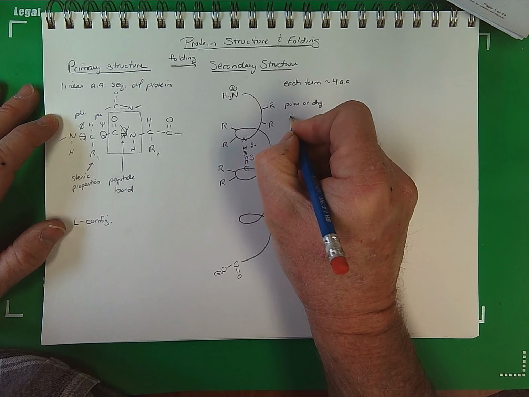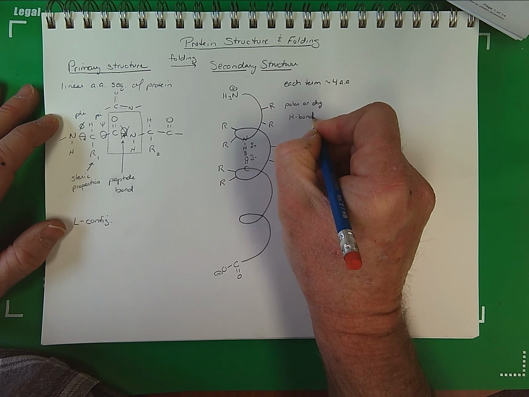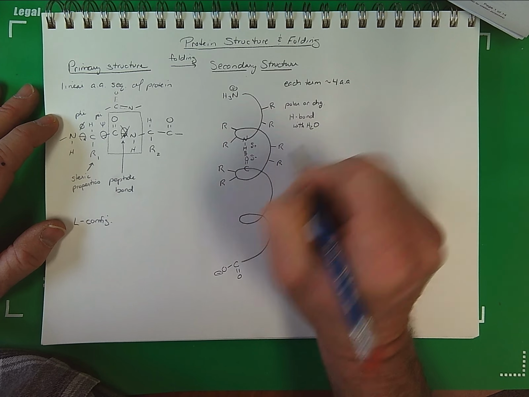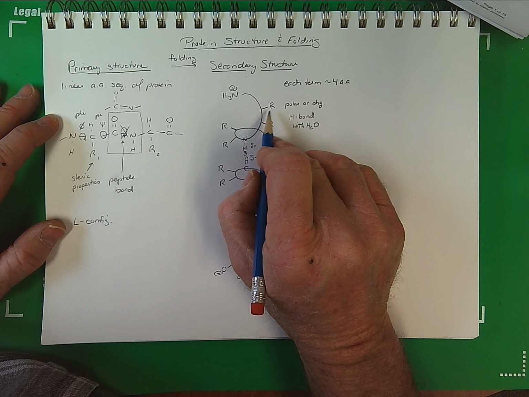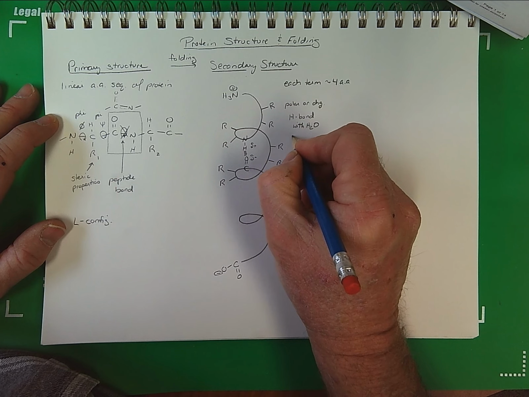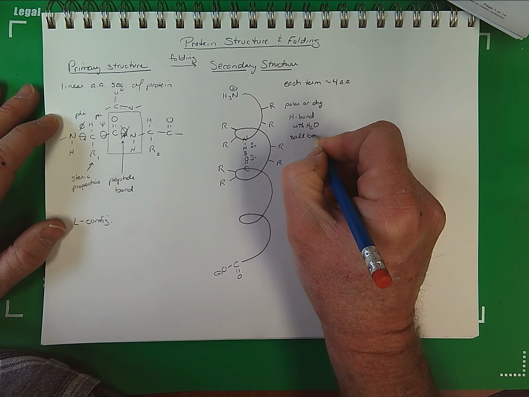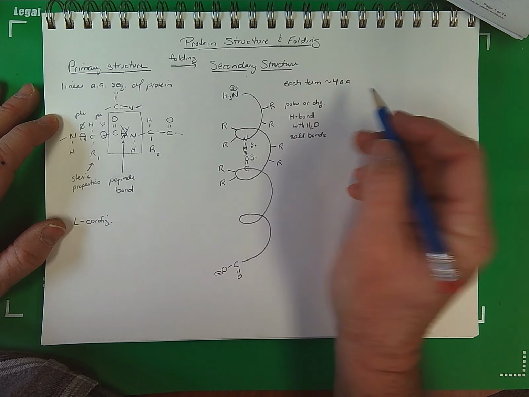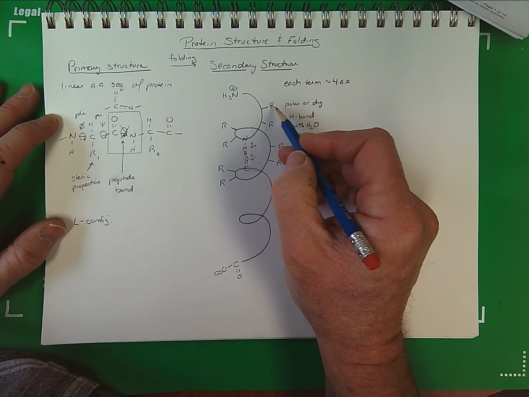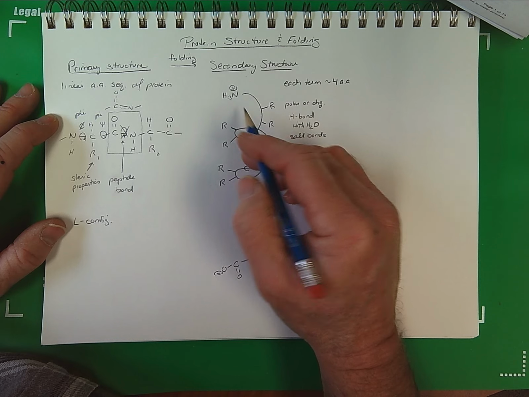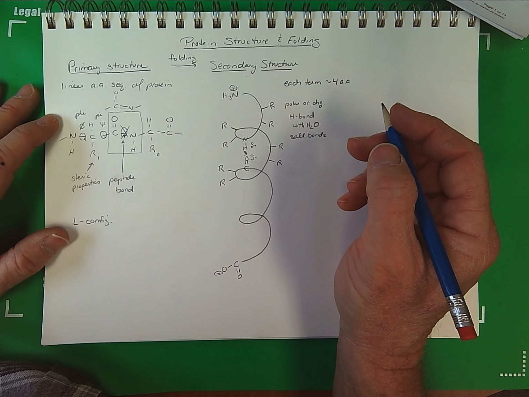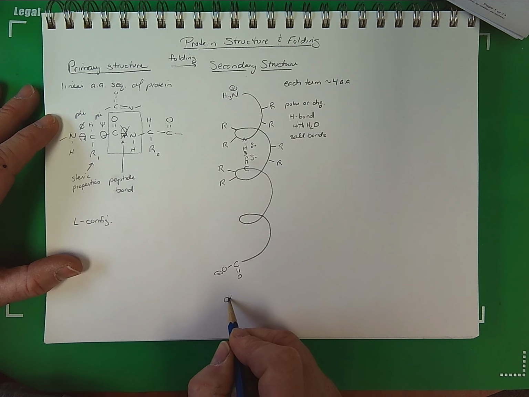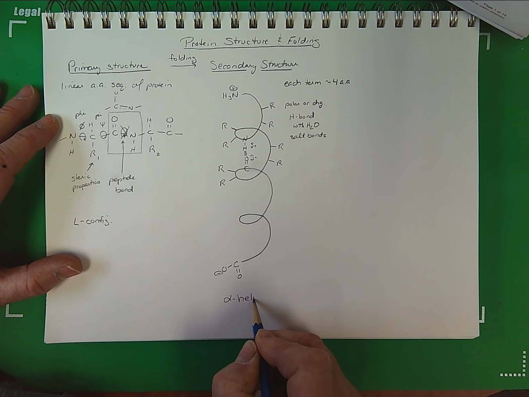That means that we can form hydrogen bonds with water, and if the side chain is charged, we can form salt bonds. Sodium, potassium, that is also in the aqueous environment. That will contribute bond energy to these R chains to help stabilize the structure. Now, this particular structure I've drawn here is called an alpha helix.